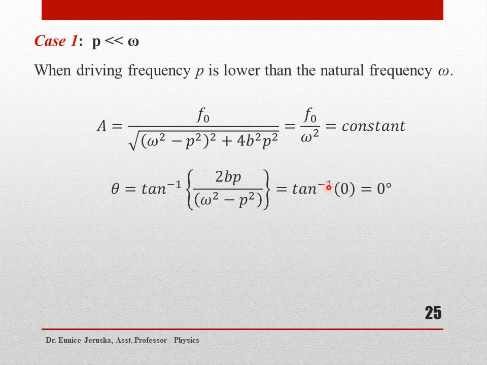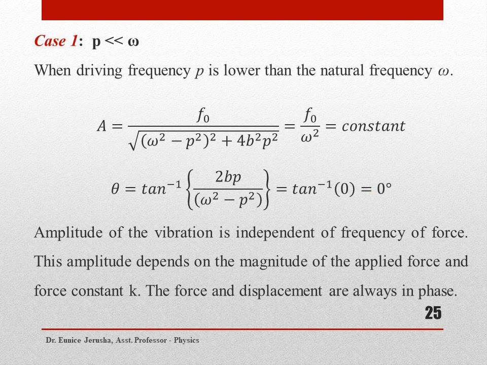Therefore, tan inverse 0 gives us 0 degrees, which means that the amplitude of vibration is independent of the frequency of the force, and this amplitude depends on the magnitude of the applied force and the force constant K. Also, theta equal to 0 degrees means that the force and the displacement are always in phase with each other.